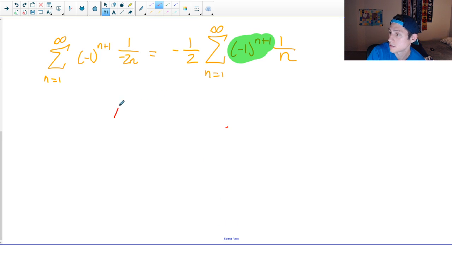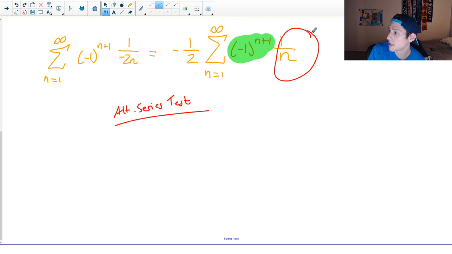If I could click extend page. Okay, so first up, this is my an for the alternating series test. The first thing that I do is the limit as n goes to infinity of 1 over n.